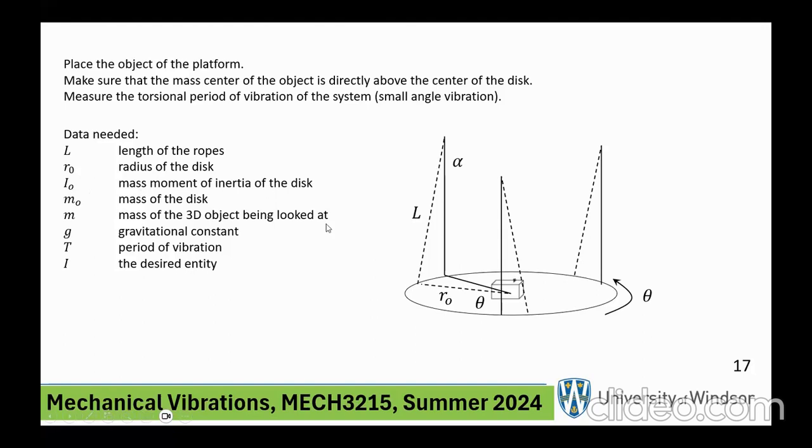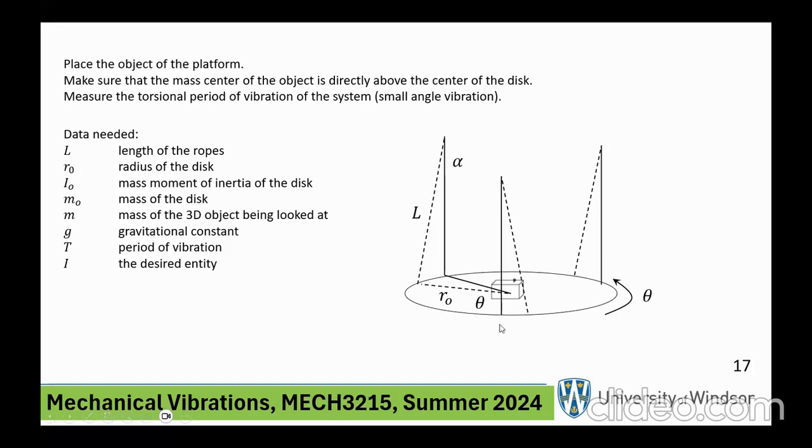I naught is the mass moment of inertia of the disk, and we know what I naught is: it's 1/2 m naught r naught squared, which we know from elementary mechanics. The mass of the disk is m naught. The mass of the 3D object is m. g is the gravitational constant. T is the period of vibration.